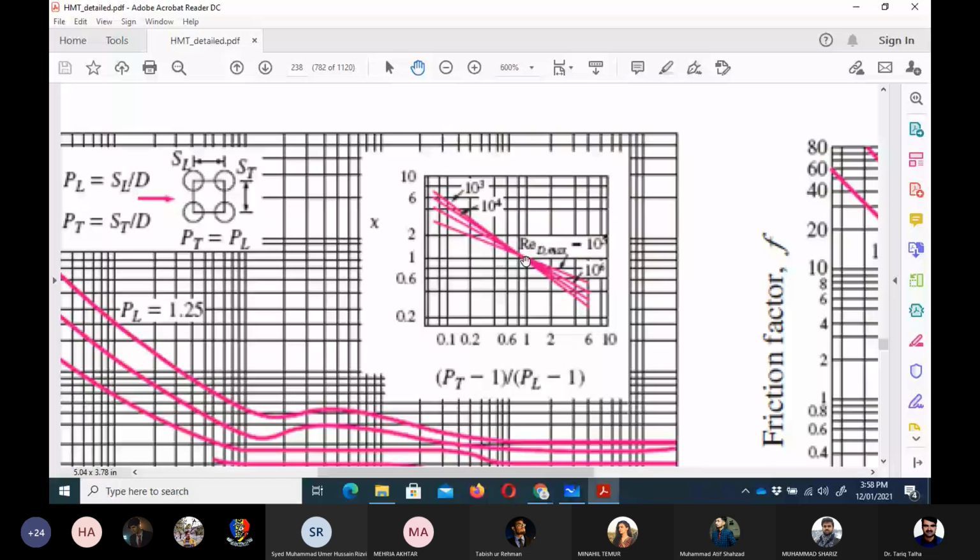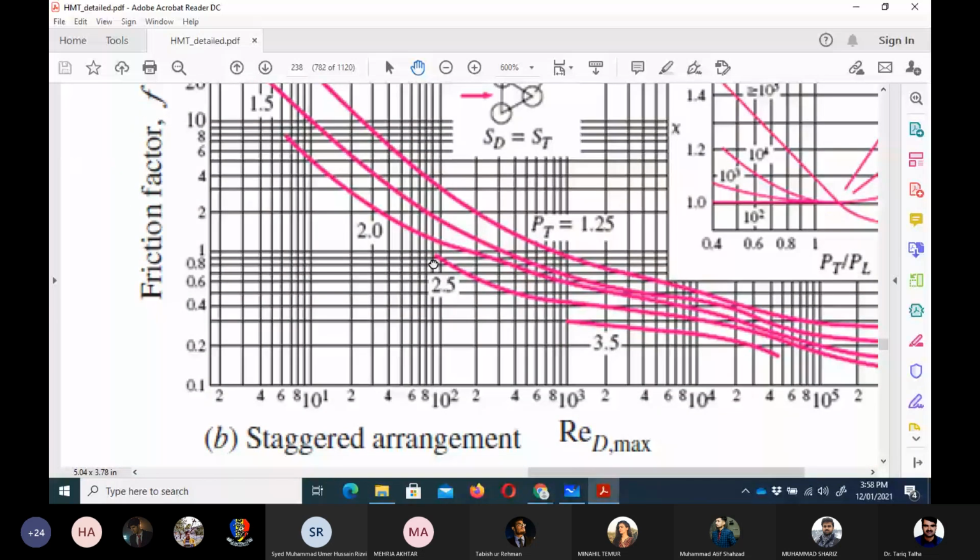So this correction factor is not needed. It is only needed when SL is different from ST. So don't worry about this. We are going to do this again in maybe 5 minutes' time in the numerical problem.